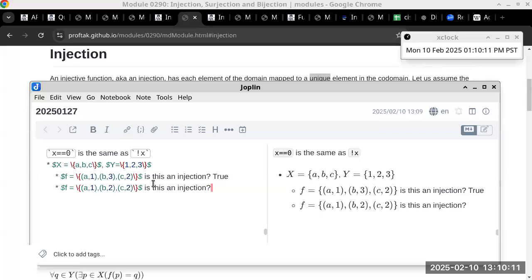That is still okay. It is only when you look at two as a member of Y, the codomain, that you go like, oh, hold on a second here. There are two things, B2 and C2 as tuples. They are both mapping something from the domain to 2 as an element of the codomain.